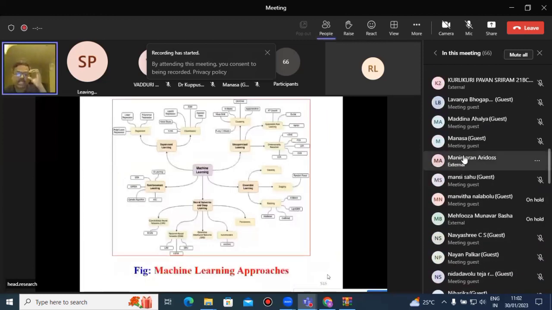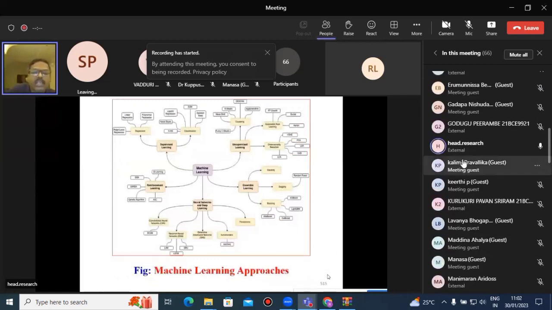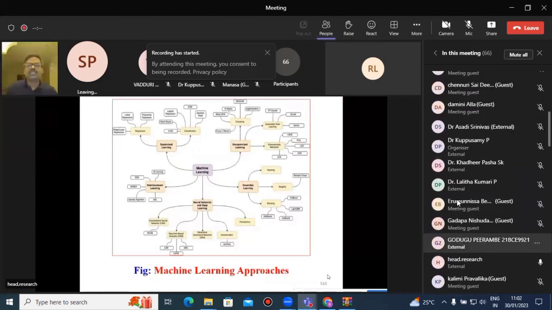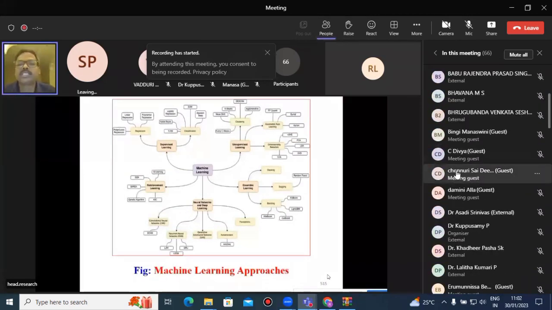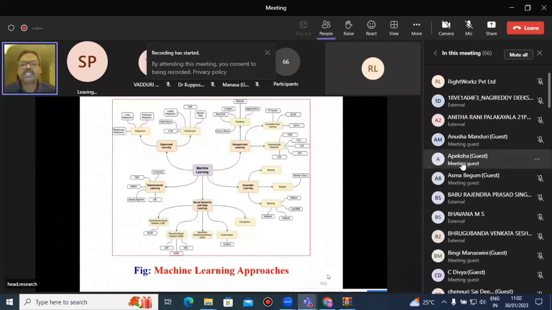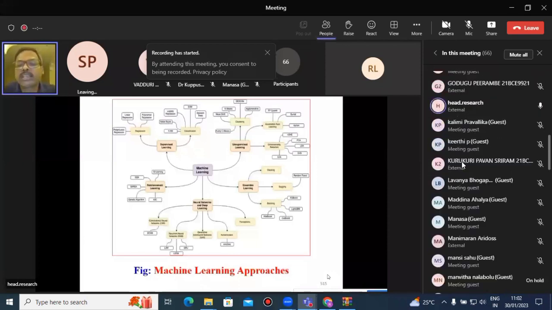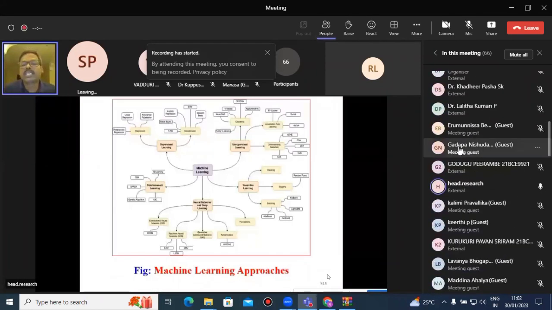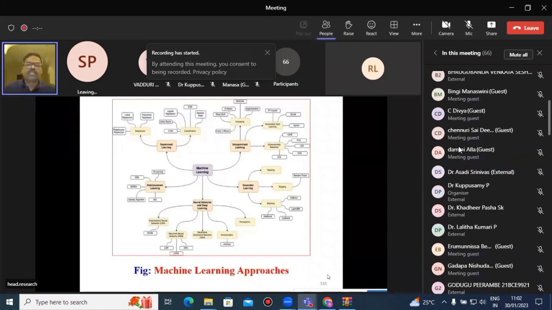Then these are the machine learning approaches like algorithms. Supervised learning: we have regression and classification. Unsupervised learning: we have clustering, association rule mining, dimensionality reduction. Ensemble learning: we have stacking, bagging, boosting.